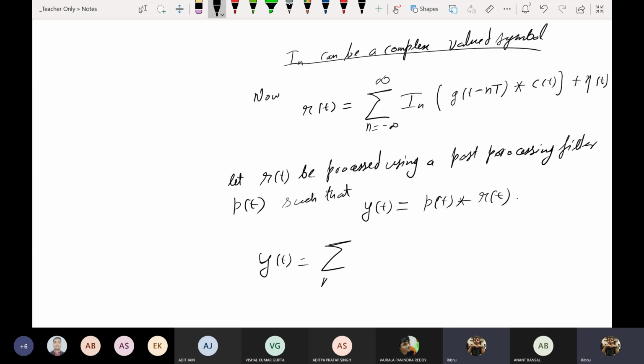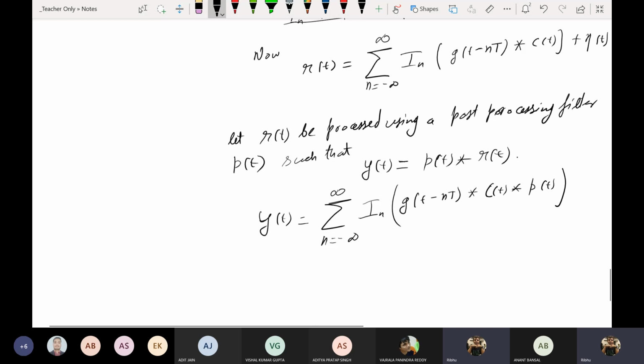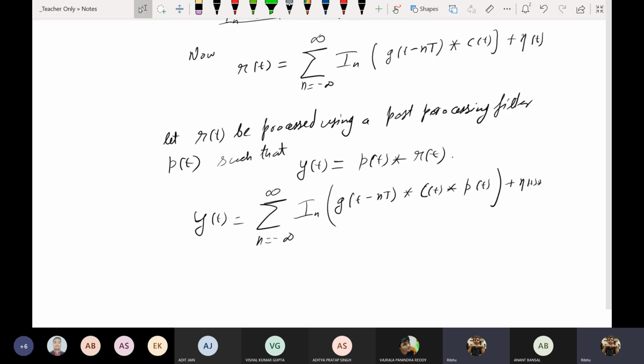So y(t) equals summation n equals minus infinity to infinity I_n convolved with c(t) convolved with g(t) plus eta(t) convolved with p(t), which is I_n x(t minus nT) plus noise.